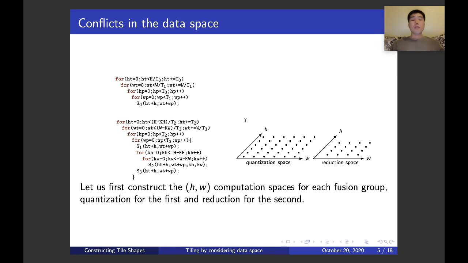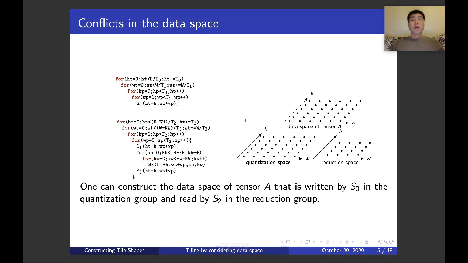Let us first construct a two-dimensional computation space for each fusion group. We use quantization-adjacent space to refer to the first group and the reduction space the second. One can also construct a data space of tensor A that is written by S0 and read by S2.